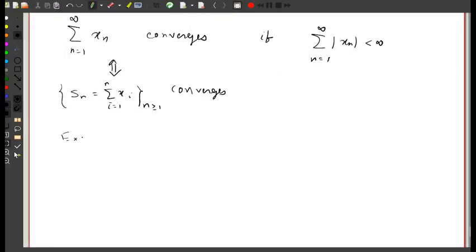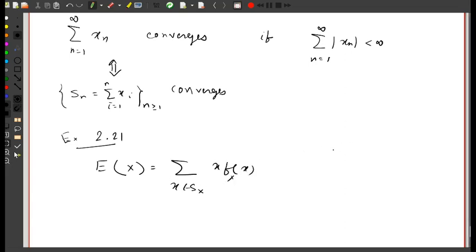Example 2.21. We roll a die, and we need to see what the expectation is. In this case, by definition, the expectation equals the summation over x belonging to Sx of x f of x. And as we have already seen, the support is nothing but the set 1, 2 up to 6.